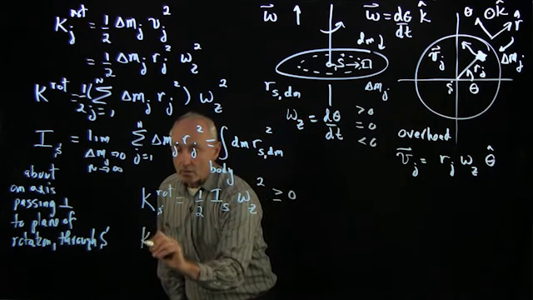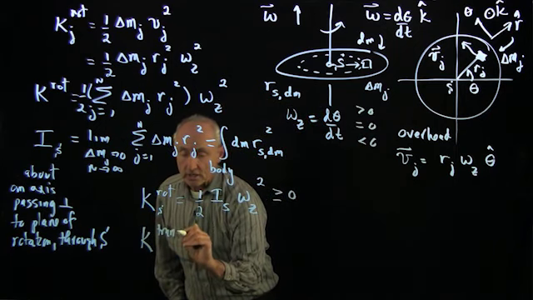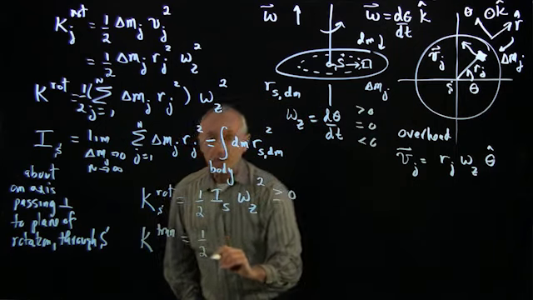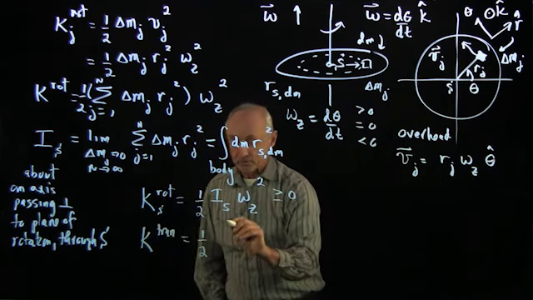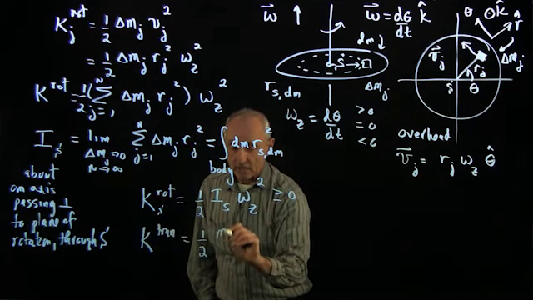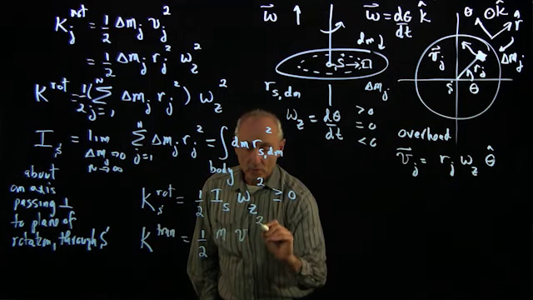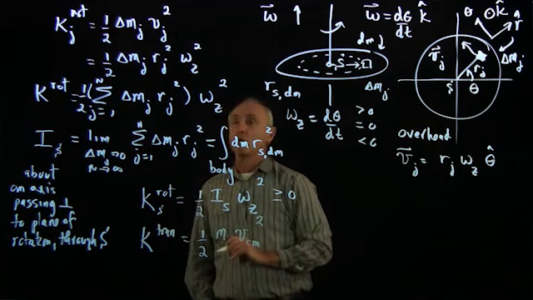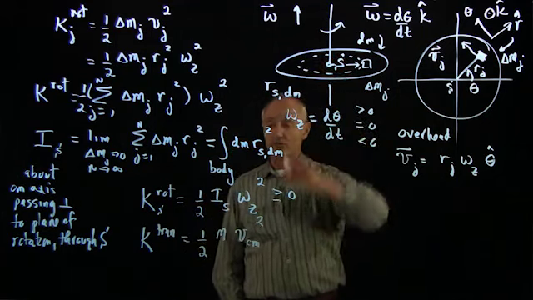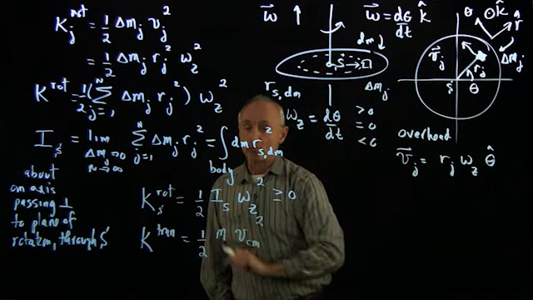Let's contrast that with our translational kinetic energy, and we remember there that was 1/2 times the total mass of the object times v squared cm, where we're looking at all of the object at the center of mass, and this is the total mass of the object.